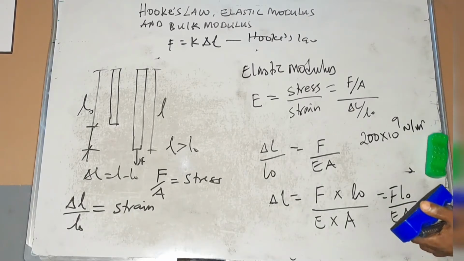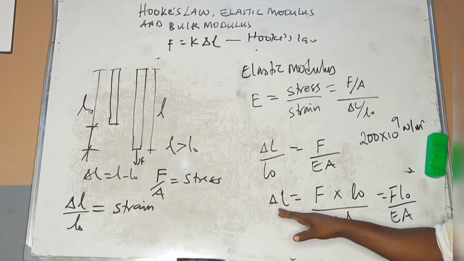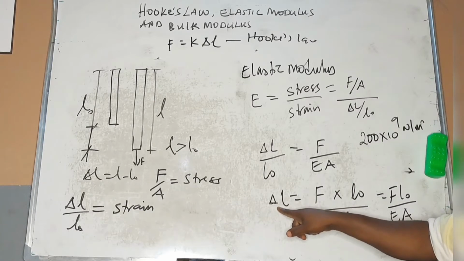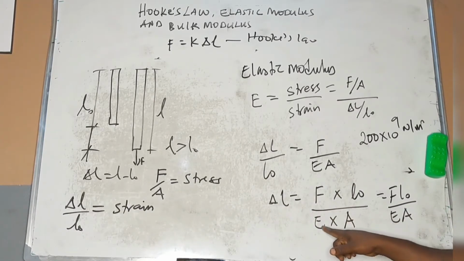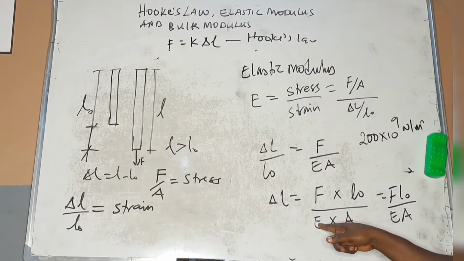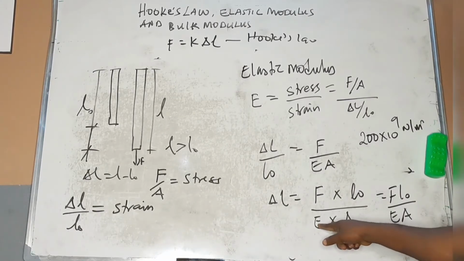So the Young modulus is very high. If you want to use a material to build anything, you want the deformation to be very small. So you have to use a material of high Young modulus or high elastic modulus. So materials of high elastic modulus are materials that are not prone to deformation. That is the interpretation of this.